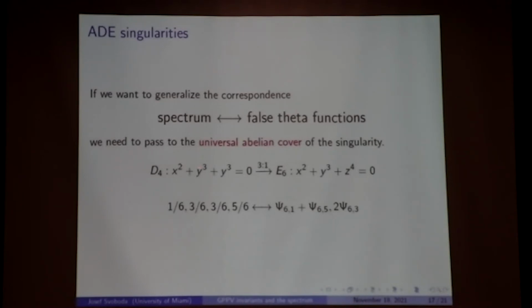If you now look at the spectrum of D4, it's 1/6, 3/6, 3/6, 5/6. There is this multiplicity here, which is another interesting phenomenon. And in general there are more of these invariants, and you can still ask if there is a modular form such that some of its components are these: C61, C63 plus C65, and 2 times C60.